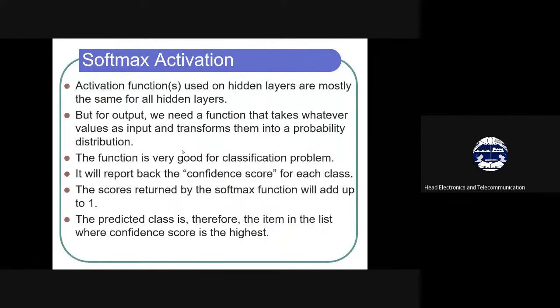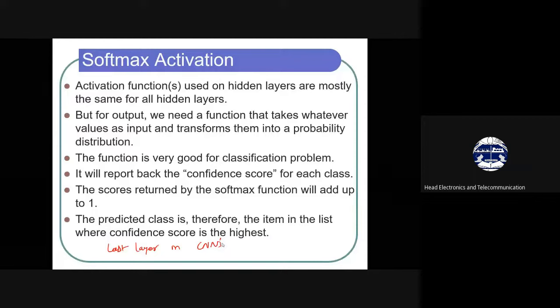The last one in this series is called the Softmax activation function. This is used basically as the last layer in deep networks or CNNs. It is a kind of normalization procedure, and your output looks like probabilities in the range 0 to 1.